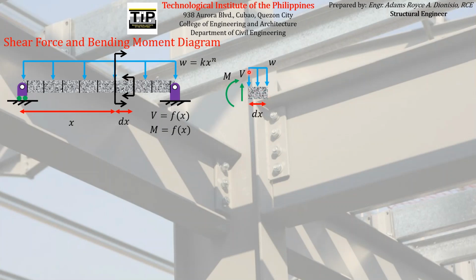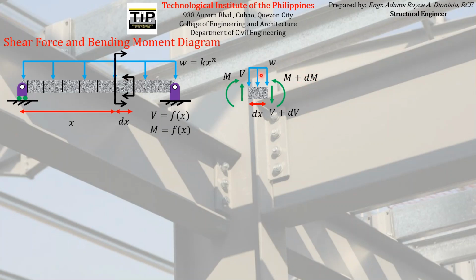So if the change in shear force on this very small length is dV, for example, therefore the shear force acting on this particular side of the beam will be V plus the change in shear force, which is dV. And in the same manner, the bending moment acting on this side of the beam will be M plus the change in moment, which is dM.